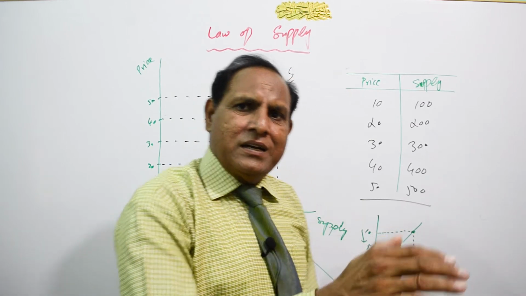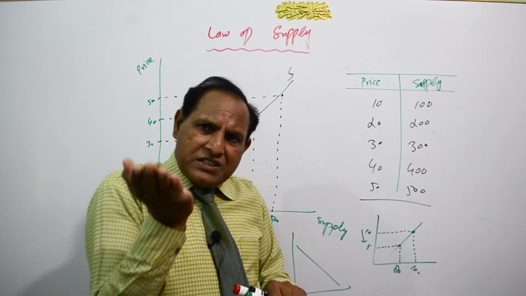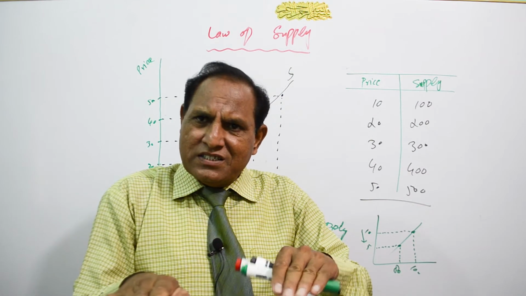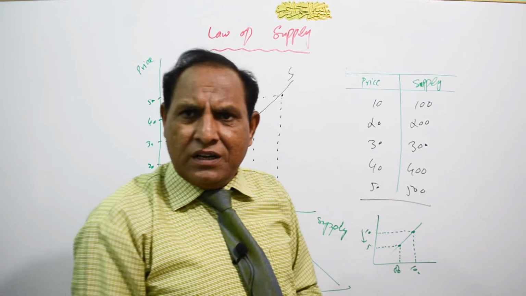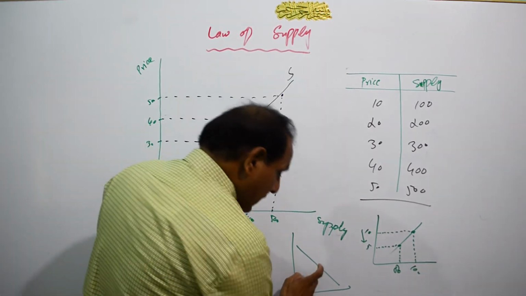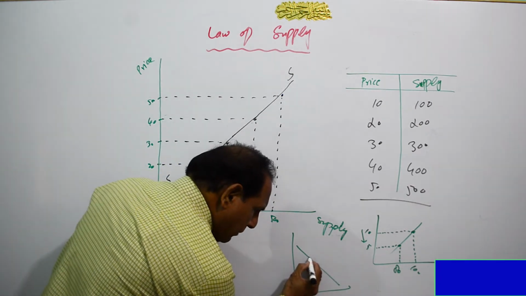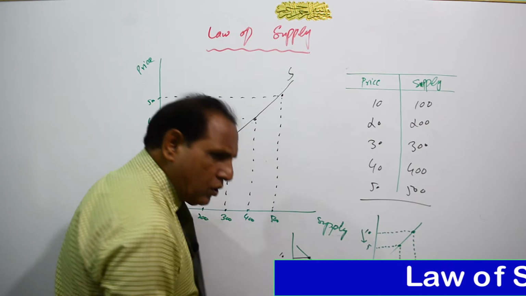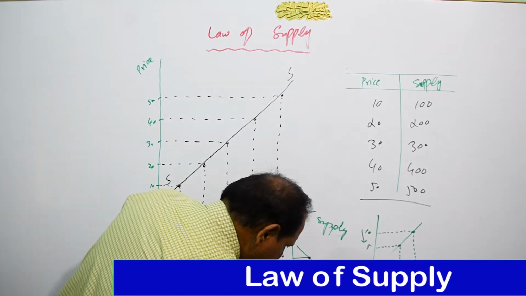But on the other hand, when we see the law of demand, we see that if price increases, demand decreases. But if price decreases, demand increases, provided that there is no change in other circumstances. We have discussed that already. Look at this diagram. If the price is rupees 10, the quantity is 50.